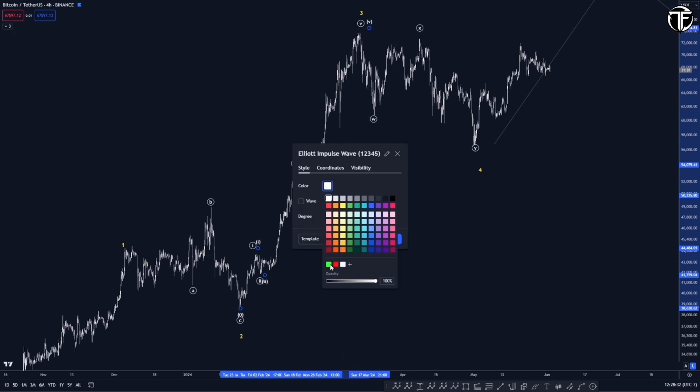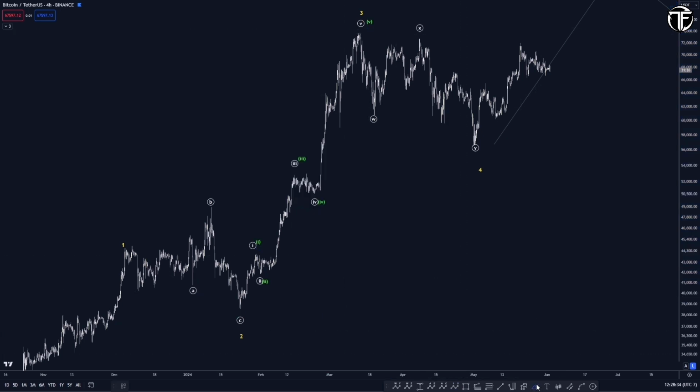Now with wave degree, just going back to that standard deviation, you want to be within +1 or -1 of the actual degree you're observing. So, as of right now, we can pretty much classify this for sure as at least a minor or an intermediate.